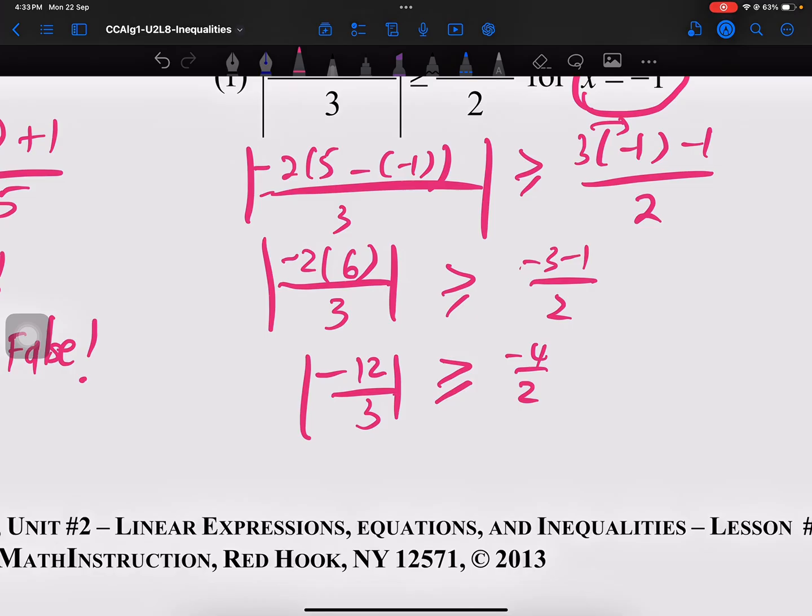This one becomes negative 4, negative 2. Okay, but because this has absolute, meaning that we open up the absolute, become like this, positive. So is 4 larger or equal to 2, negative 2? True.